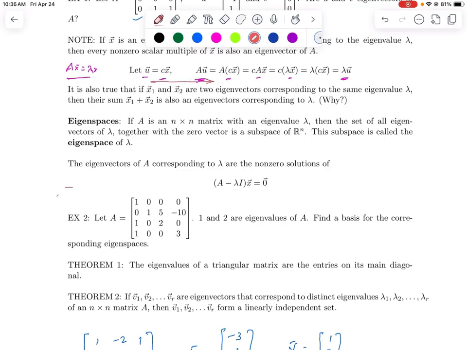The second point to note here is that it is also true that if x1 and x2 are two eigenvectors corresponding to the same, this is important, same eigenvalue lambda.